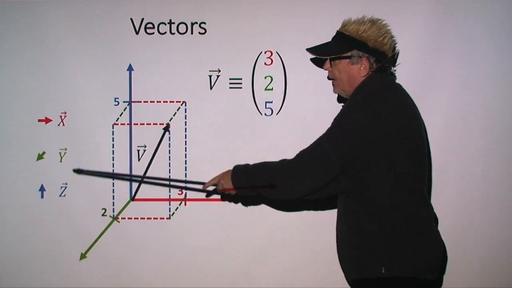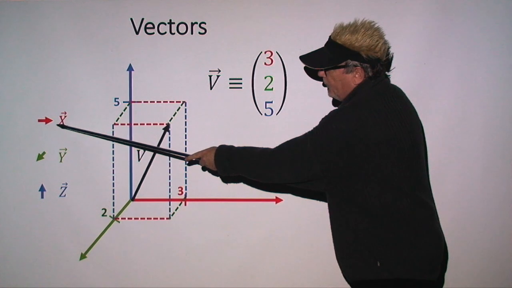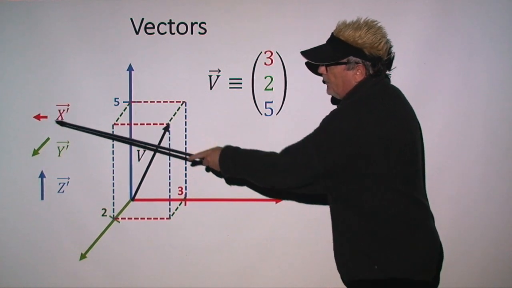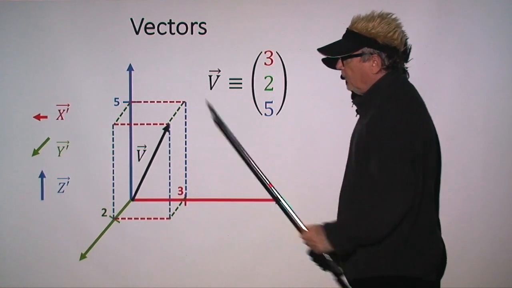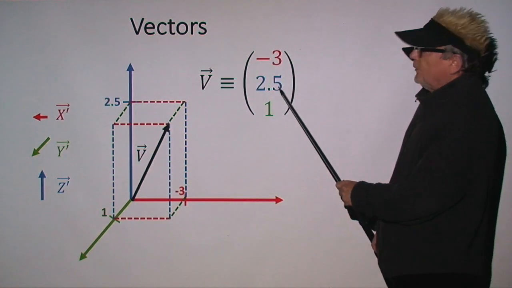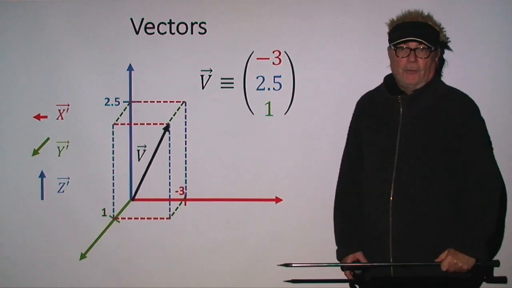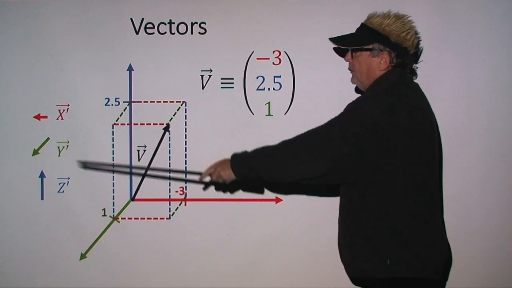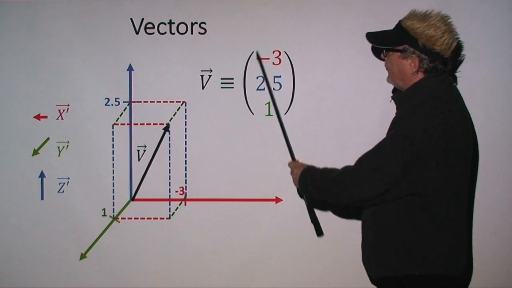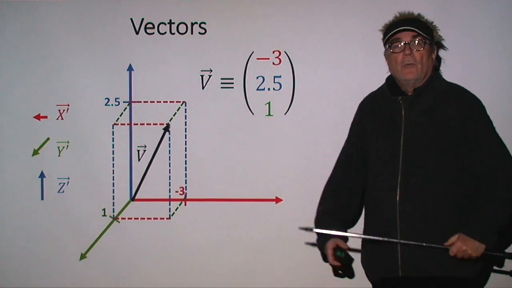Let's call them X, Y, and Z. But if we change those references, for instance, this one is in the other direction, this one is longer, this one is longer, then these numbers here will change. It will still be the same vector, though. But because we changed the reference, the values that we measure will be different.